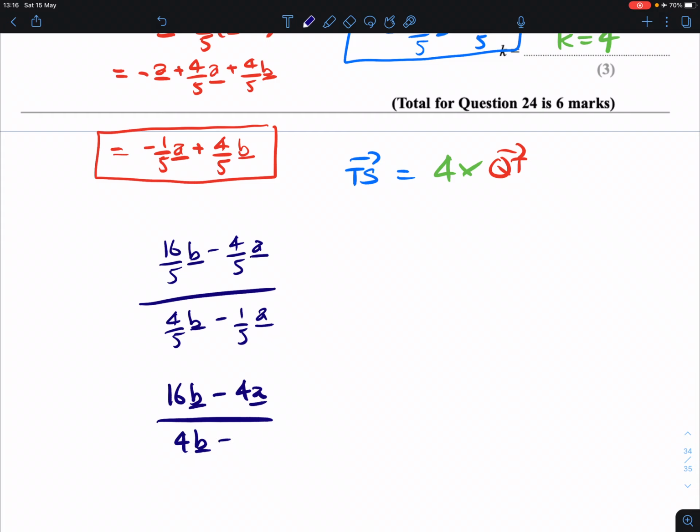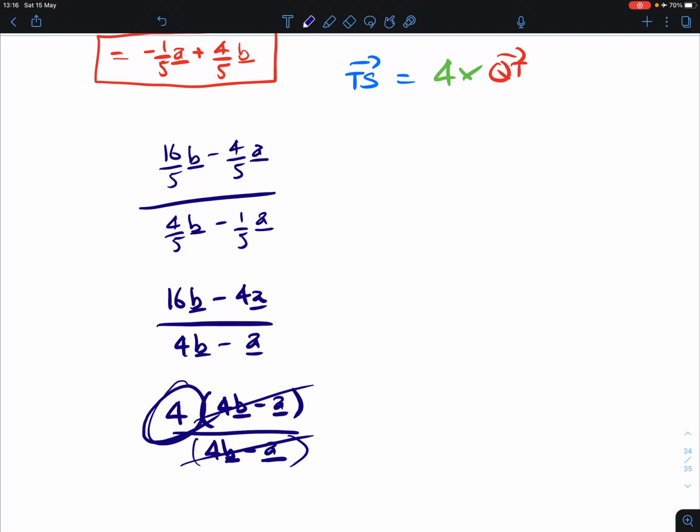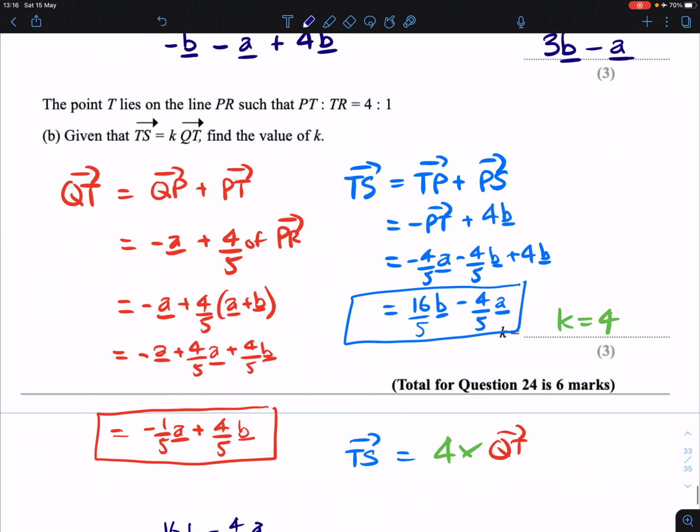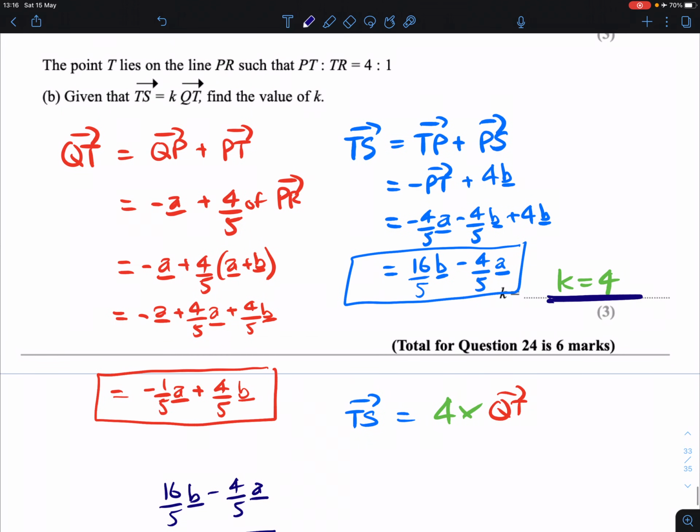And then from there, you've just got to keep simplifying it down. So this is an algebraic fraction. Highest common factor from the top will give us the following, leaving us with something in the brackets that's exactly the same as what we have on the bottom. And then they cancel down from there, and there's our 4. So if you don't spot the number straight away, you can set them up as an algebraic fraction and simplify. K is 4, done.